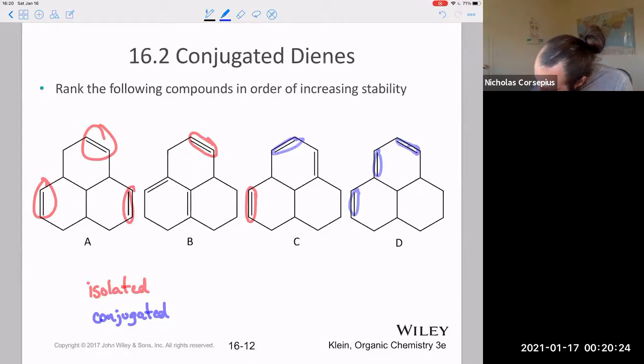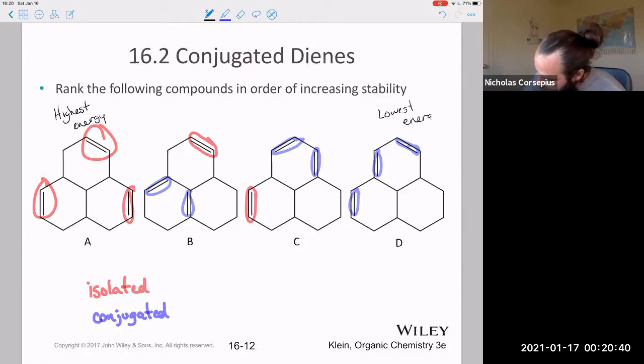In C, we have these two conjugated, and in B, we have these two. So right off the bat, we can say that this is the highest energy, or the least stable, and this is the lowest energy, or the most stable.